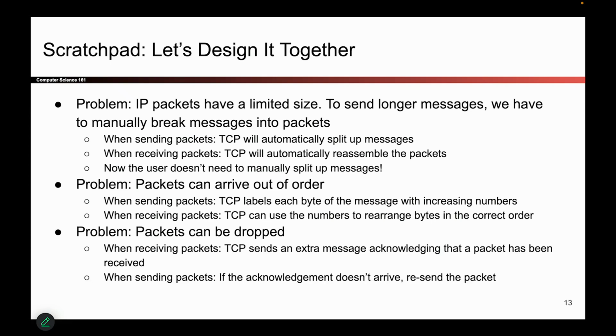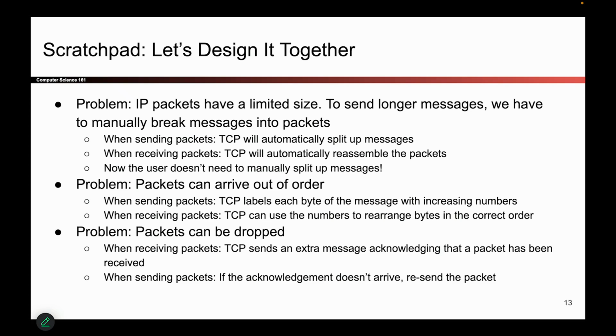Now, there is one thing that people always ask when they see this: okay, what if the acknowledgement gets dropped? Okay, fair question. What if I send the packet and it arrives and the acknowledgement itself gets dropped? Well, in that case, I, as the sender, will think that the packet hasn't been received, so I'll just send it again and again, and eventually there has to be some point where there is a successful exchange of me sending a packet and you sending an acknowledgement.